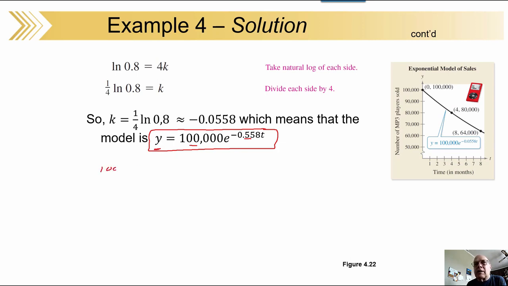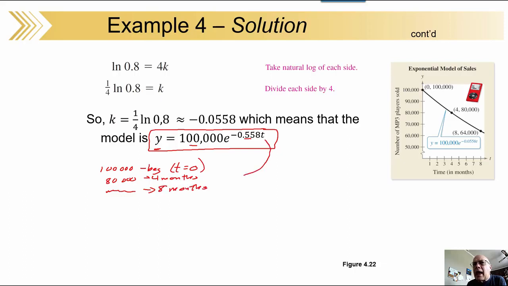We sold 100,000 at the beginning, which means time equals 0. We sold 80,000 at 4 months, and we want to know what it is 4 months after that, or at 8 months.